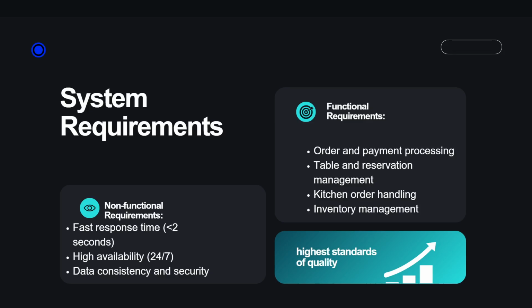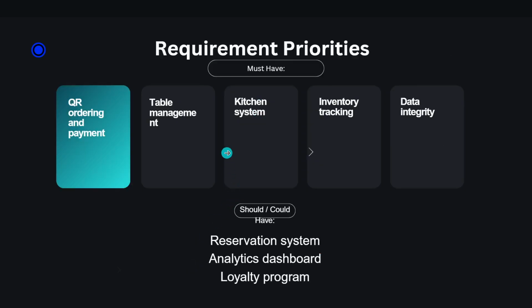Imagine in peak hour when there are many customers who want to order food, and then your system is shut down. No one wants to see that. So that's why the non-functional requirements are very important. Next, what are the requirement priorities?